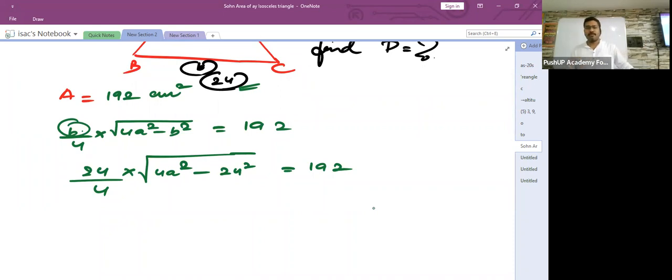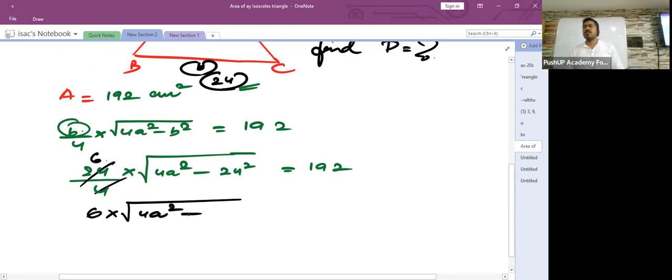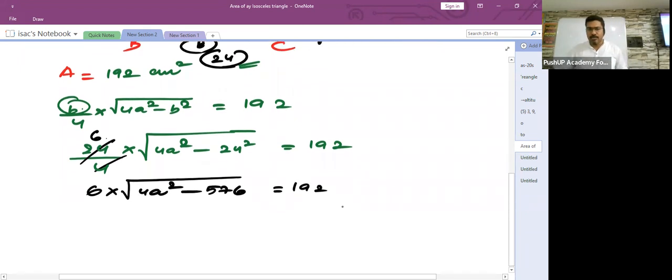Okay, now we have to further simplify this. Children, 24 upon 4 can be directly simplified. How much do you get? 6. So 6 into square root of 4a square minus how much is 24 square? 576, which is equal to 192.